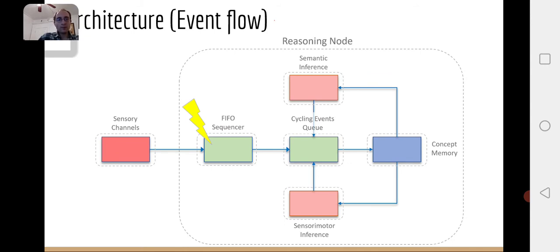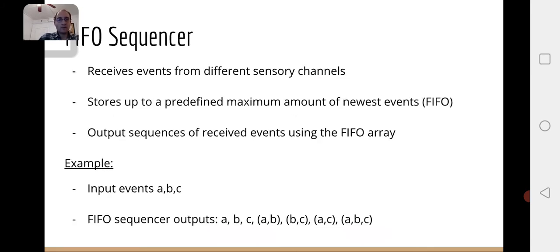So we have those events from the different modalities, and they enter the FIFO sequencer. The FIFO sequencer receives those events from different sensory channels, vision, sound, and so on, and it stores up to a predefined maximum amount of newest events. From those events, it generates sequences of the received events.